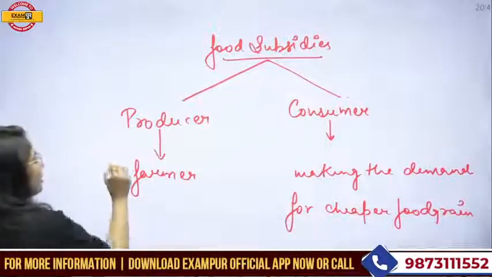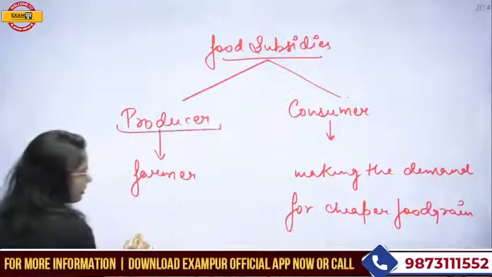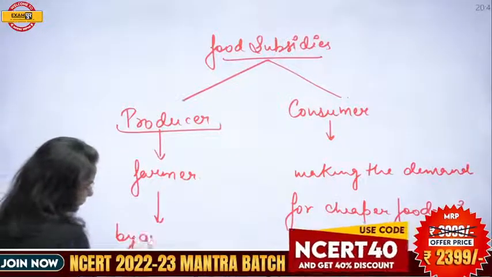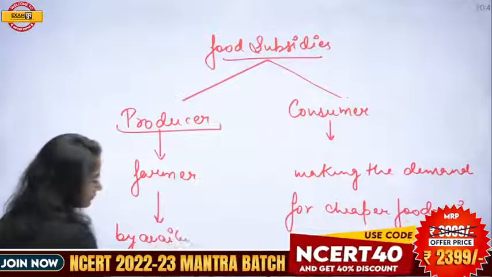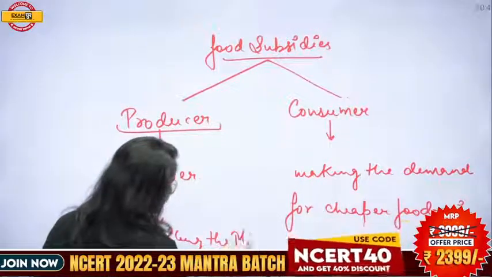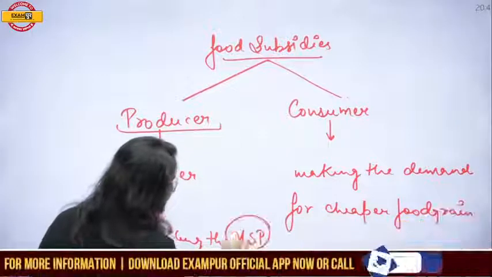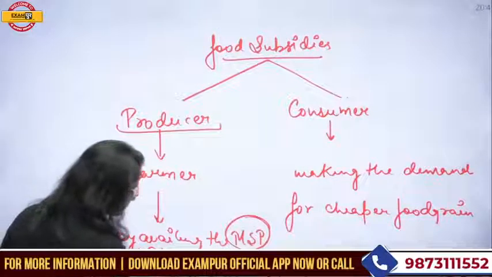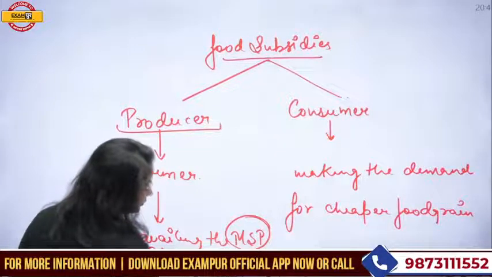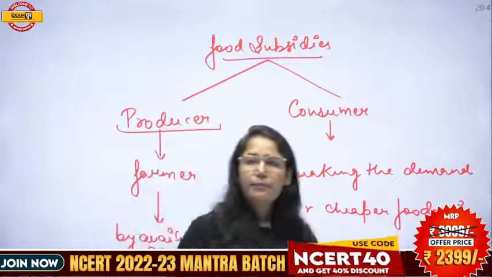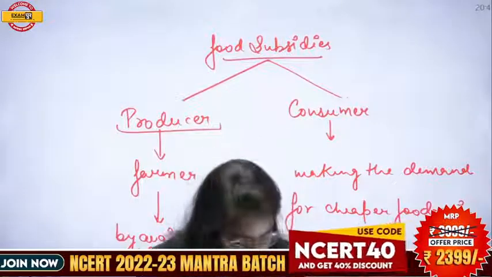Producers are getting the privilege of availing prices which are more than the market price. It's a kind of supporting hand being provided by the government.